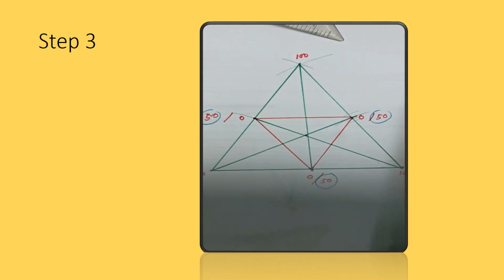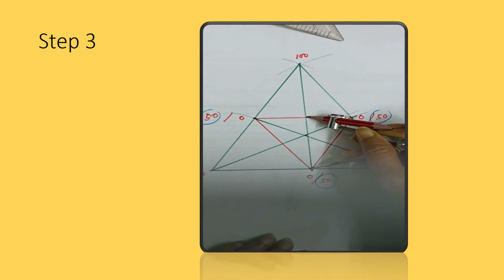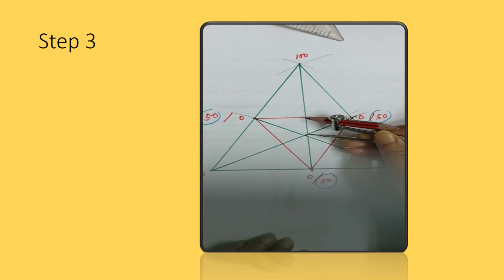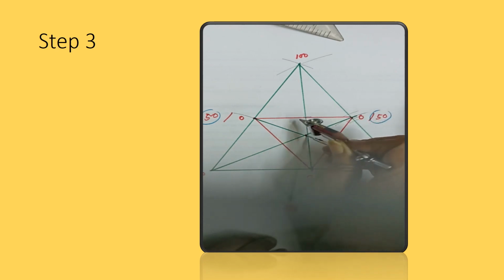With the help of a compass, we can draw a small circle with the help of the linear distance. If we think about this distance solely, this is 1/3, this is 2/3, this is another 1/3. So this is the 1/3 distance. 1/3 means 33%.